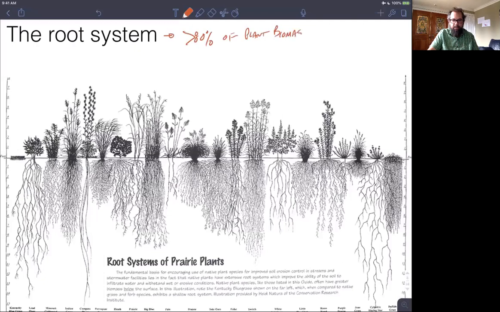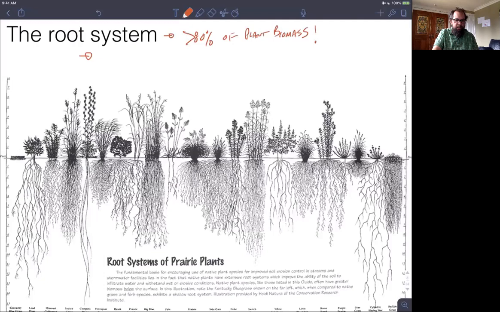So this is like that tip of the iceberg analogy, where you see the tip of the iceberg above the water level, but below the water level, we've actually got a lot more biomass. Same thing going on in most plants. We've got the below ground portion making up about 80% of the plant's total biomass. This is a lot. And so a lot going on below ground.